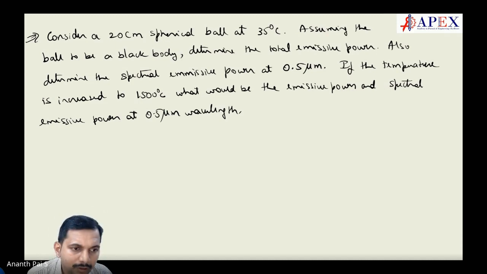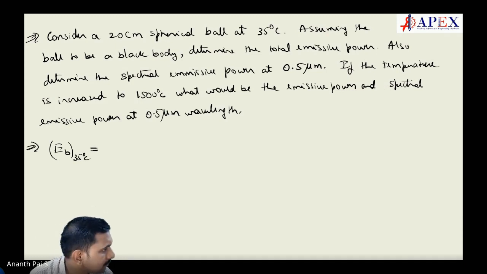So first of all, what is the first case? What is the emissive power EB at 35 degrees centigrade? That is given as sigma into T power 4, right? What is sigma?